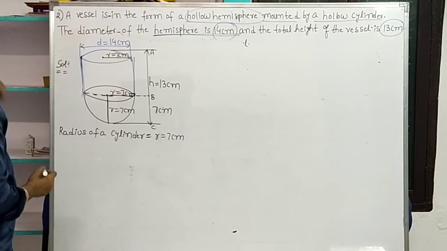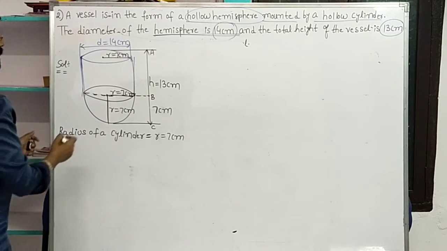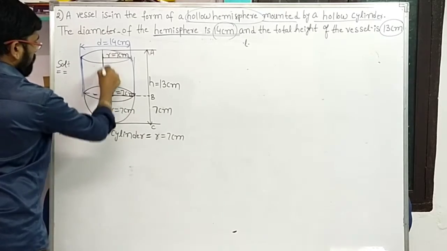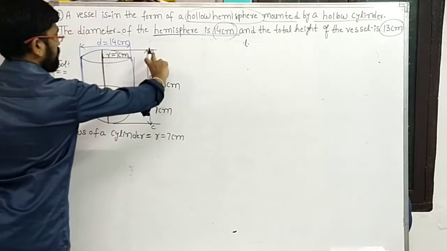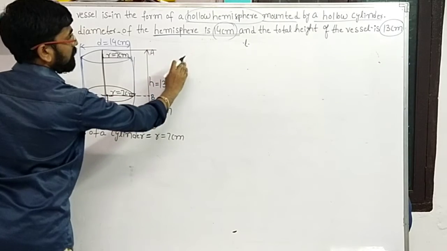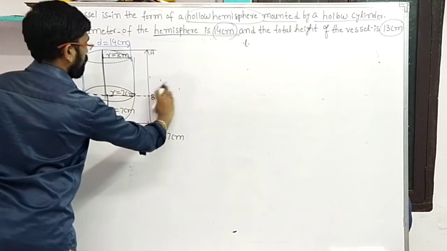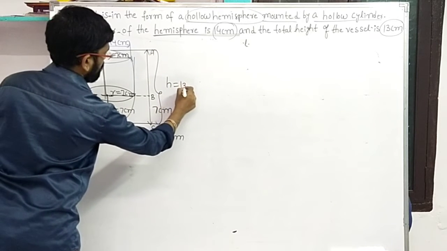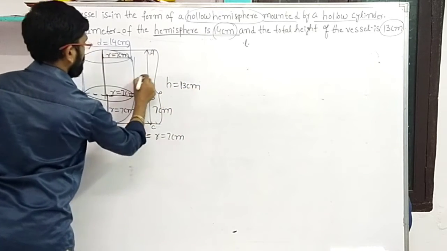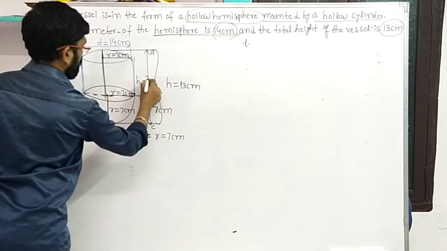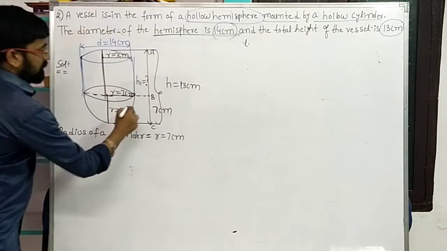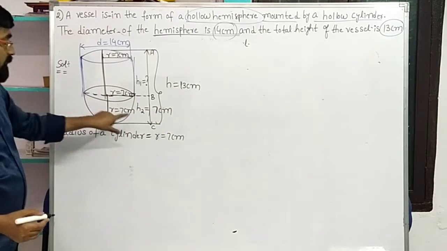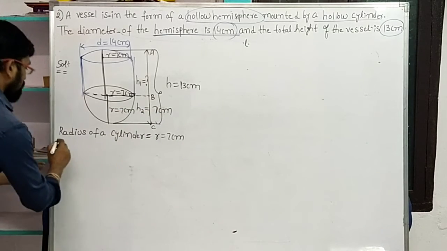Next, this is called the height of the cylinder. Total height is from here to here, which is 13 centimeters. We want only the height of the cylinder, h1, which we don't know yet. This h2, the height of the hemisphere, is given as 7 centimeters.